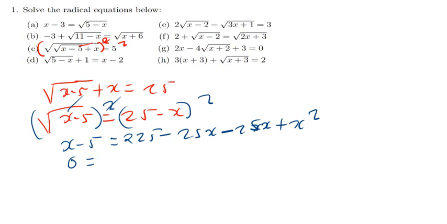Thank you. 625. Now we are shifting everything to the other side, so it will be 625. If I shift negative 5 to come here, it will be plus 5. Then if I add these two, I'll end up having 50x. Then I shift this x to the other side, it will be minus x plus x squared.